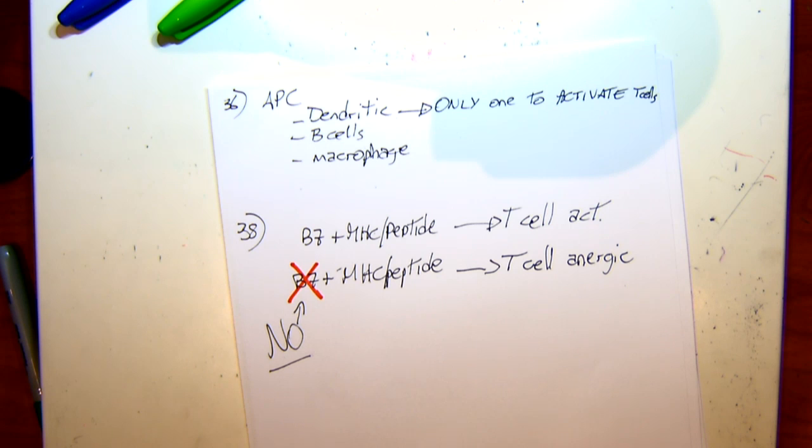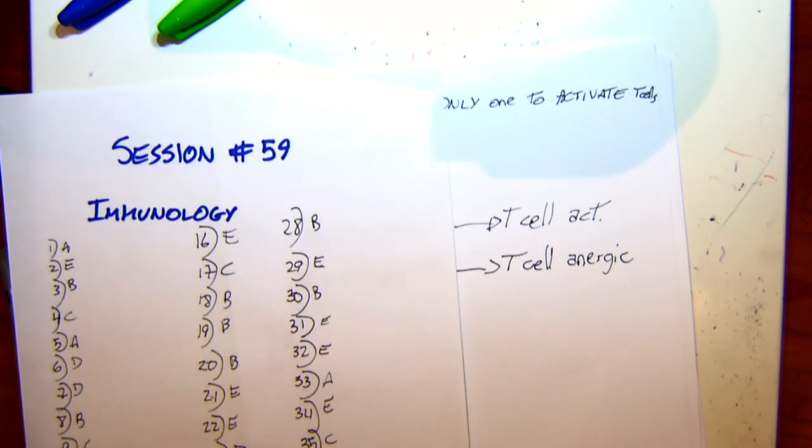So, question? Yeah, after a few days it just dies. Anergic means that it's just there, but it's not able to work as a T cell anymore. What do you mean when it keeps recirculating?